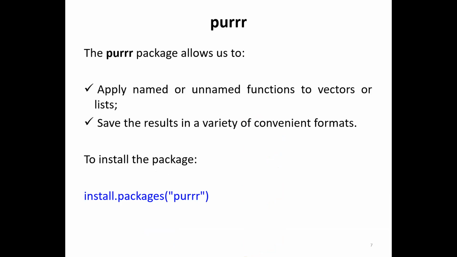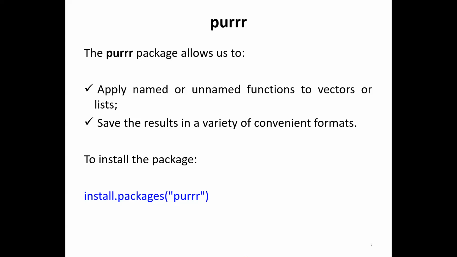And so I'll show you some visuals to help you get a flavor for why you would want to do that and what that means. And also, you can save the results using this package in a variety of convenient formats. So you can save the results as a list or as a data frame, etc., or as a table. You're going to see that.